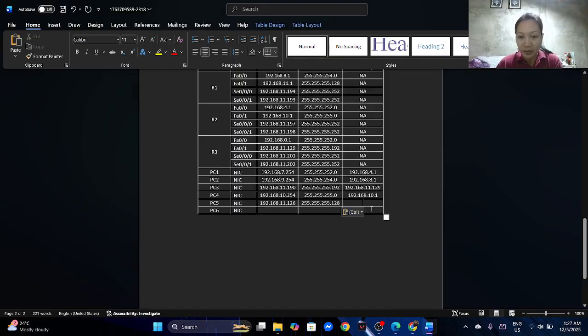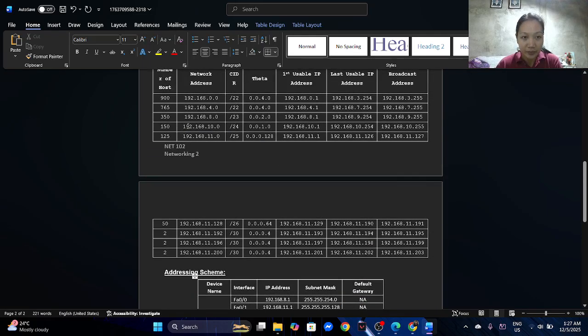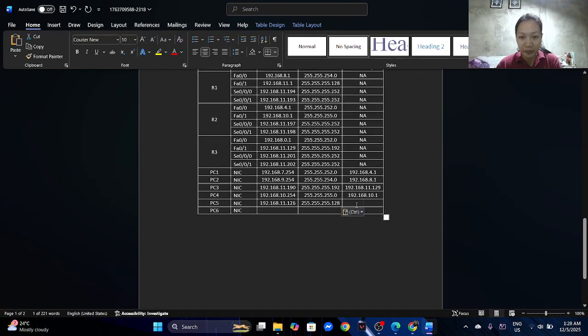And the first usable address or the default gateway of host 125 is 192.168.11.1.